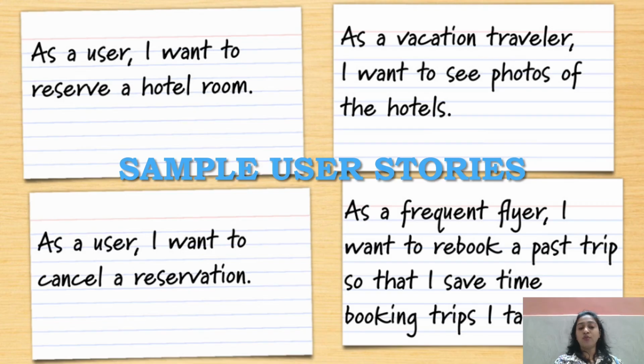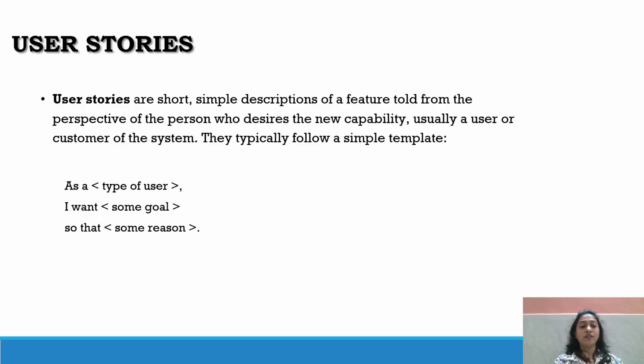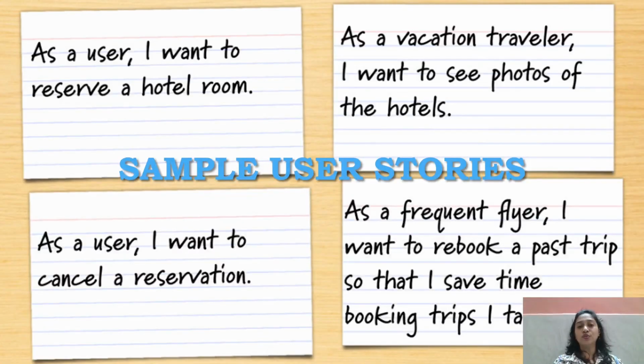As a user, I want to cancel a reservation. As a frequent flyer, I want to rebook a past trip so that I can save time booking trips I take often, right? So what template are we following? As a user, I want something so that this is the reason. Okay, this is the user story.